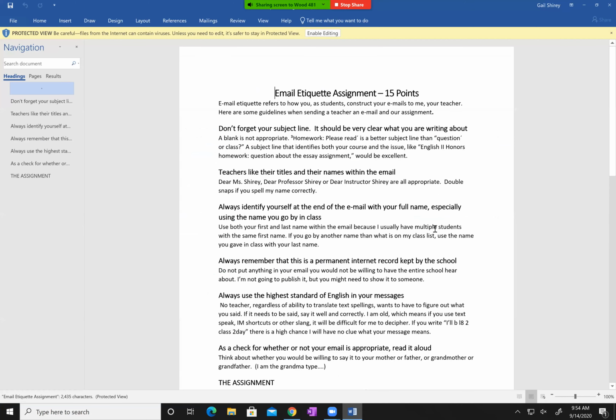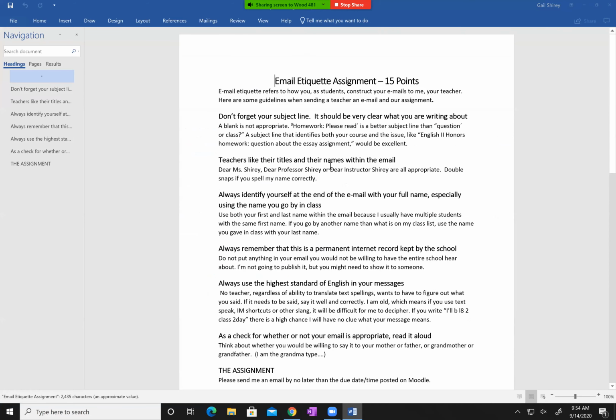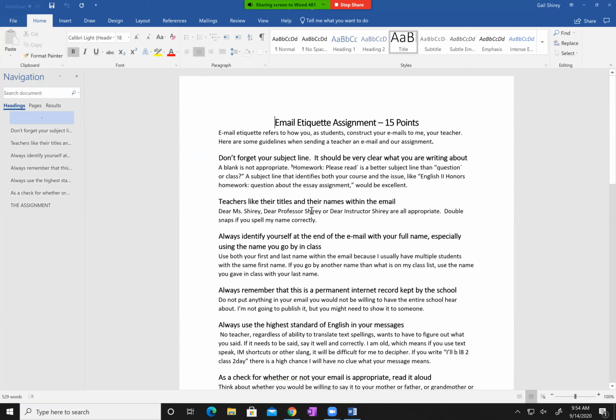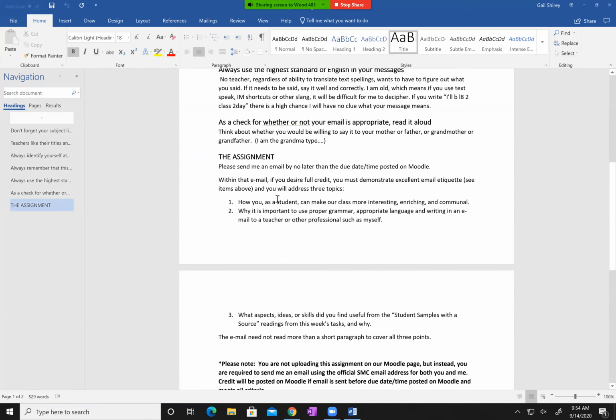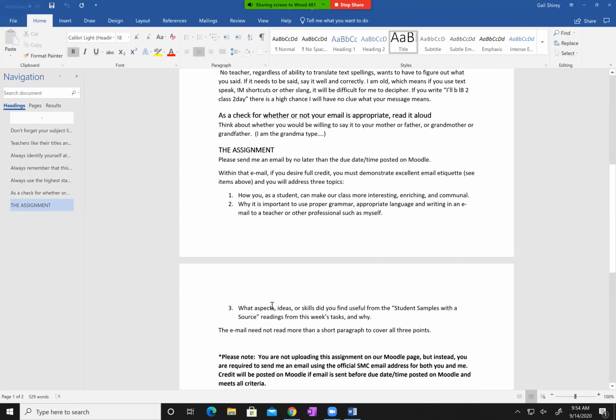So I talk to you about email in general. I say, don't forget a subject line, make sure you use a title, make sure you identify yourself at the end of the email, et cetera. And then I tell you in the assignment, this is what I want you to talk to me about in the email. And then I also give you a guide for how long.